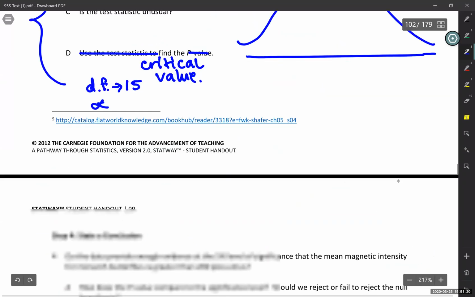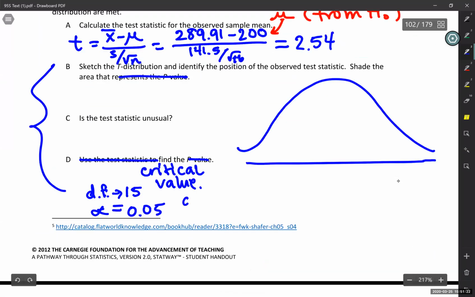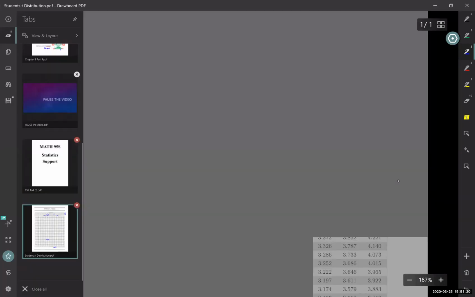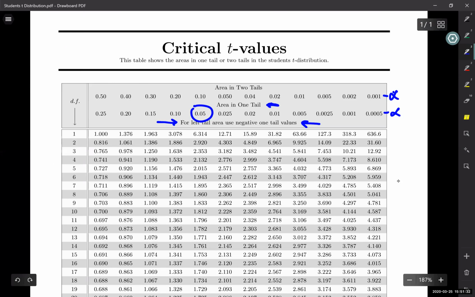And so I'm going to look at the table with the T's. And so looking here, I have area in 2 tails, area in 1 tail. And so since this is a right-tailed test, we are going to be using the area in 1 tail. And notice, I already wrote this from the other video, but I have alpha.